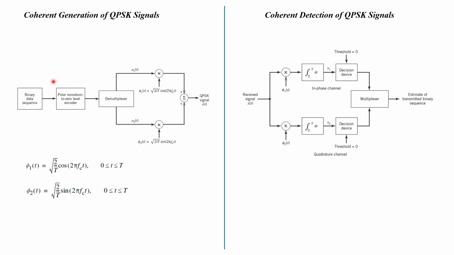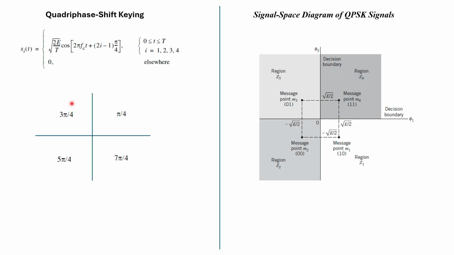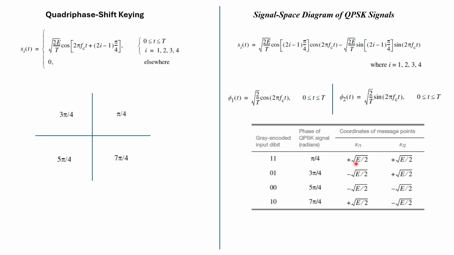The next very important concept is how to generate a QPSK signal. Here we are getting the binary data sequence. Before it is converted to a QPSK signal, we have to convert this binary signal into some encoding format. The encoding format we use here is polar non-return to zero, because we have in our table only two values, plus or minus root E by 2.